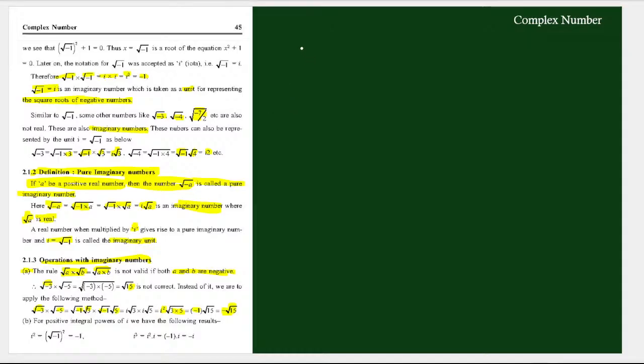So root over minus a into root over minus b. This is nothing but root over minus 1 into root a, and root over minus 1 into root b, which is i root a into i root b, and then i into i is i square, and then the real numbers will get multiplied.